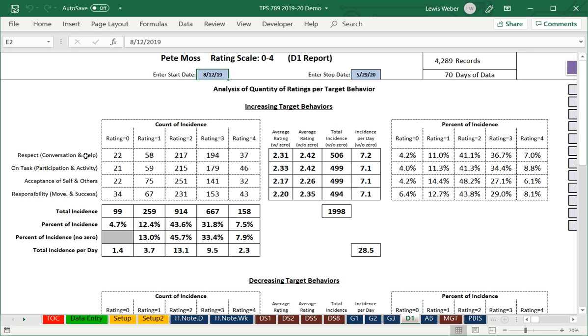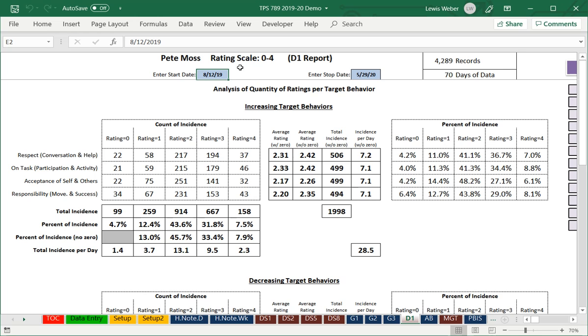So let's see what's going on here. We have some tables, increasing and decreasing. Everything that I'm going to say for increasing is going to apply to the decreasing targets. So it's just duplicated. On the left here, we see, in this case, there are 4 increasing target behaviors that are being monitored in Pete's data. And we're using a 0 to 4 rating system.